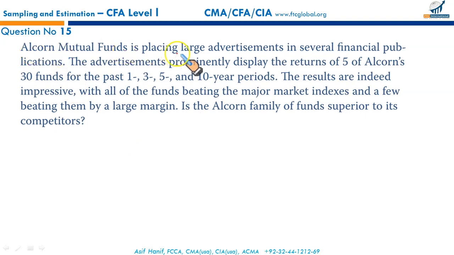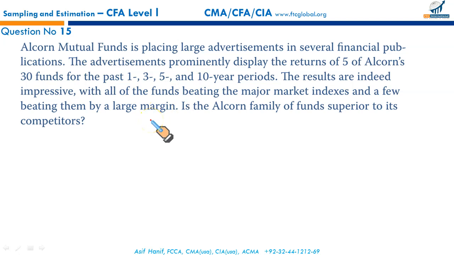Alcon Mutual Fund is placing large advertisements in several financial publications. The advertisements prominently display the return of 5 of Alcon's 30 funds for the past 1, 3, 5 and 10 year periods. The results are indeed impressive, with all of the funds beating the major market indices and a few beating them by large margins. Is the Alcon family of funds superior to its competitors? Can we just assume so because of these returns?